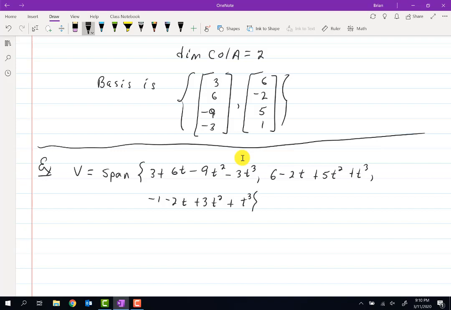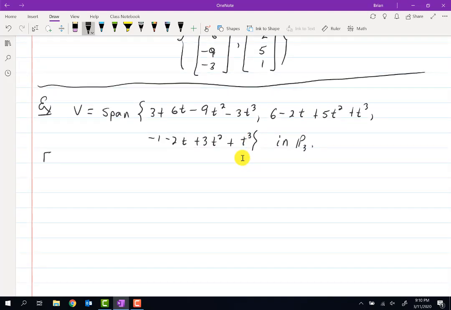And this, of course, is in P sub 3. So I want to do the same thing. Find a basis for V.